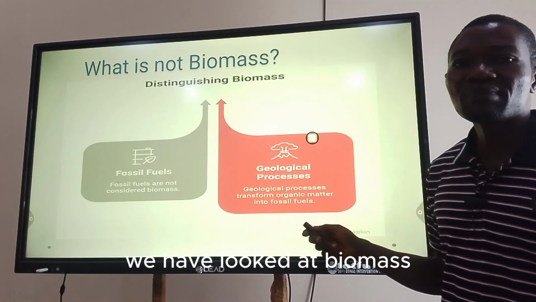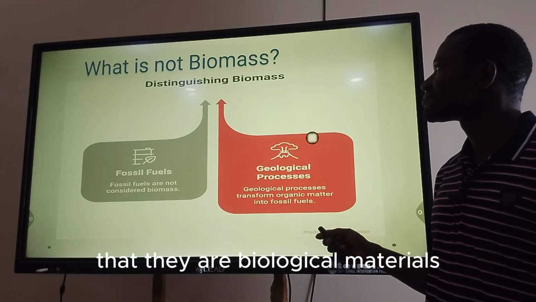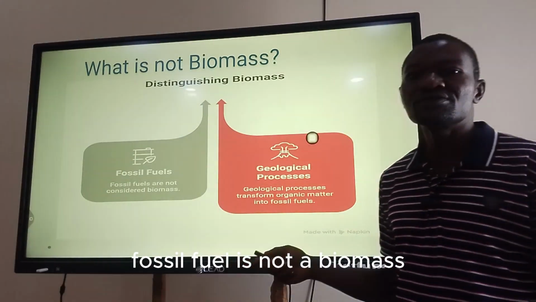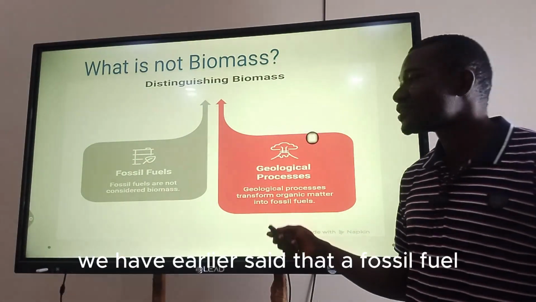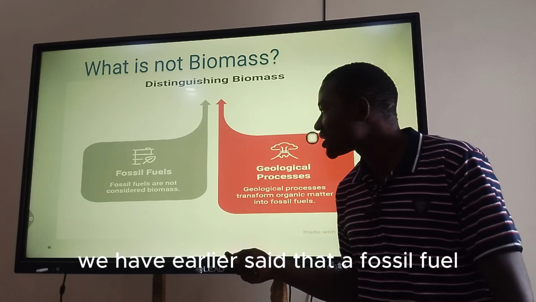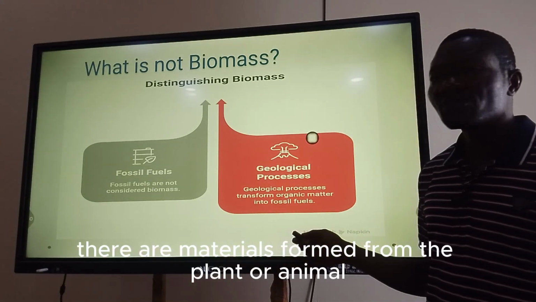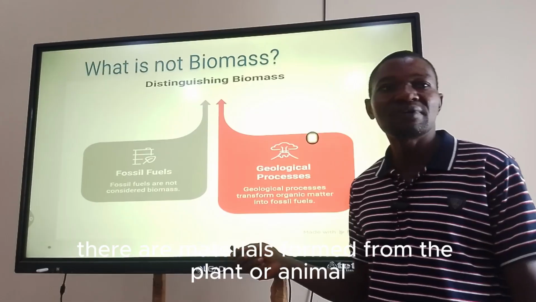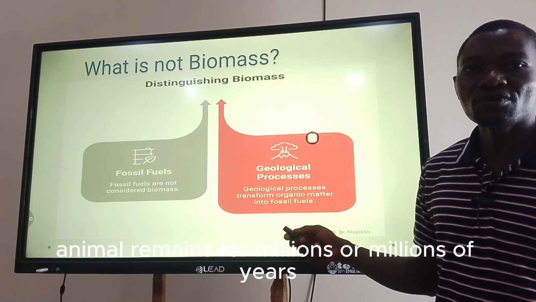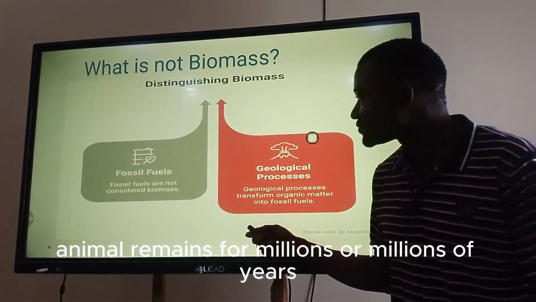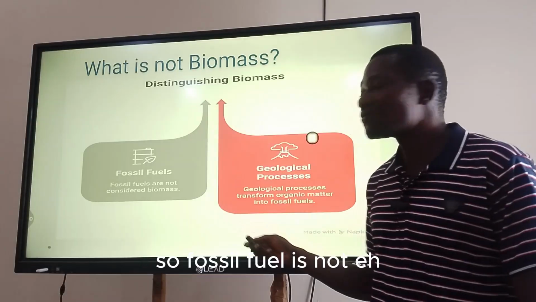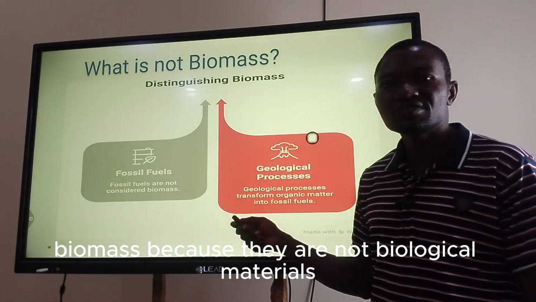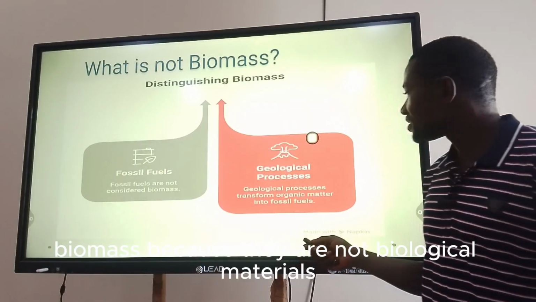Okay, what is not biomass? We have looked at biomass, that they are biological materials. One thing that is not biomass is fossil fuel. We have earlier said that fossil fuels are materials formed from plant or animal remains over millions and millions of years. So fossil fuel is not a biomass because it is not a biological material.